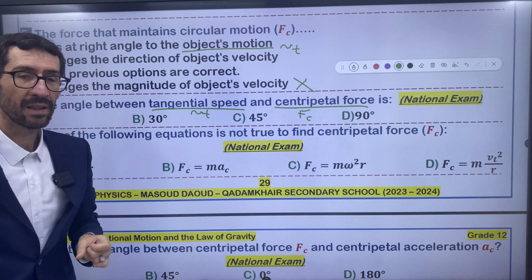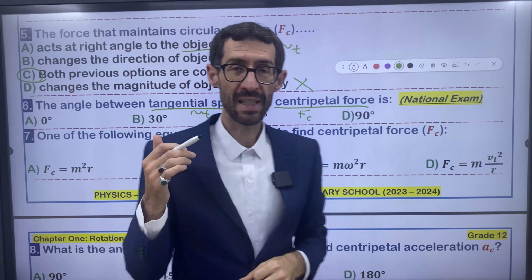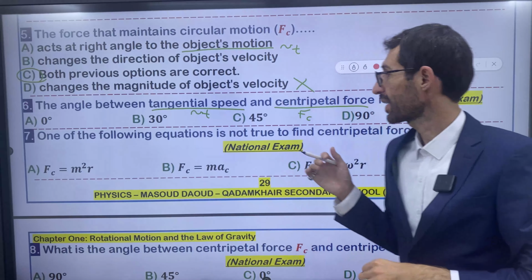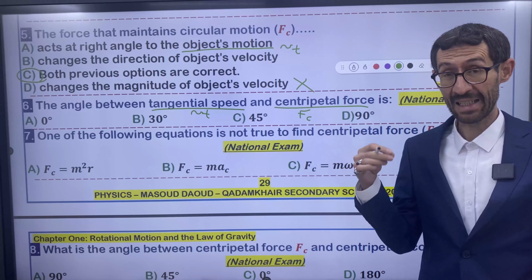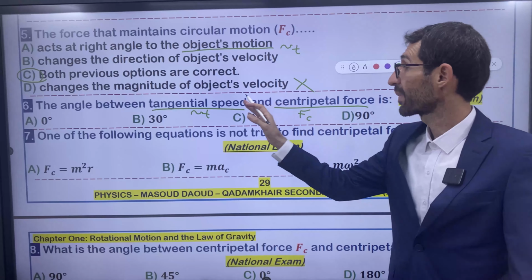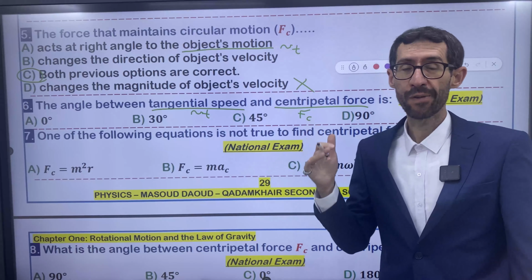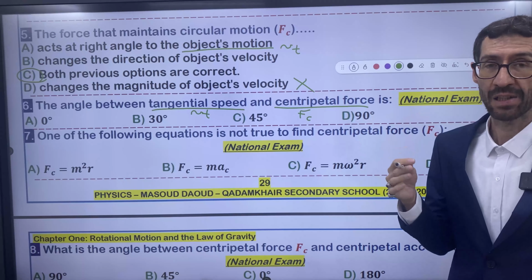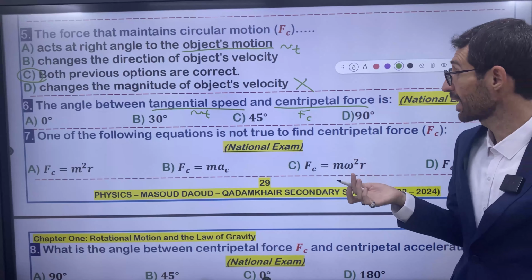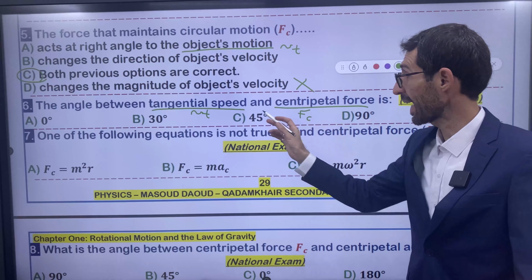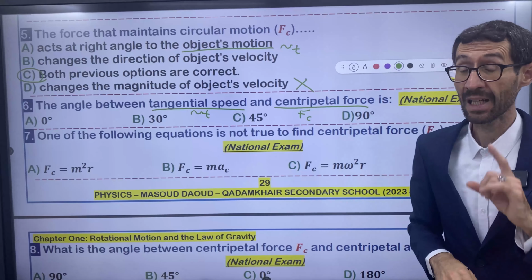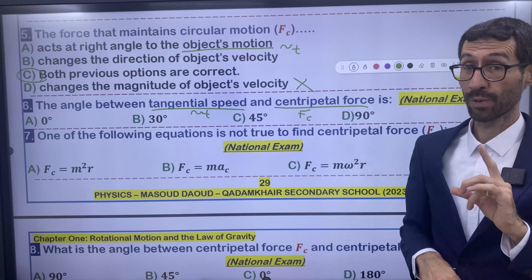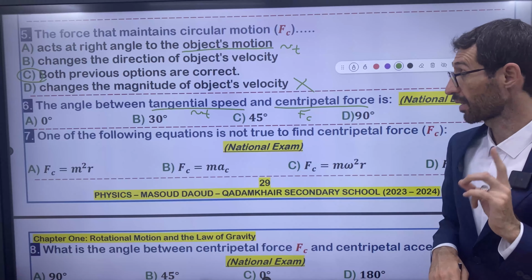Let me give you a key for answering this question. I told you at the beginning of this lesson, whenever you confront different factors or different quantities like Fc and Vt, keep in mind that the angle is the right angle. It's not zero degrees, right?